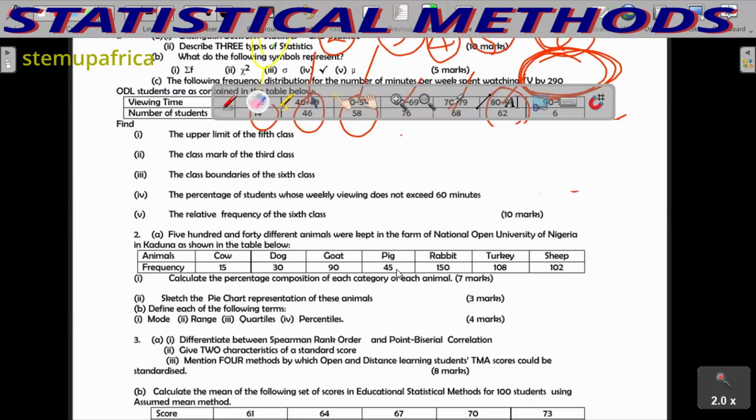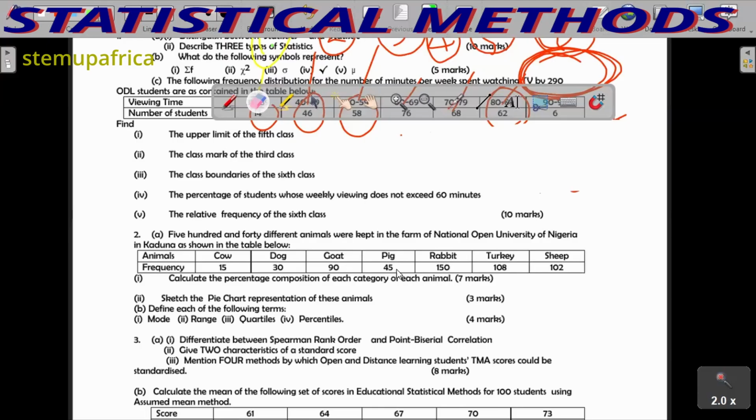Then question B is: define each of the following terms. Mode: the number with the highest frequency. That is the simple definition. Question 2 says you should define range.